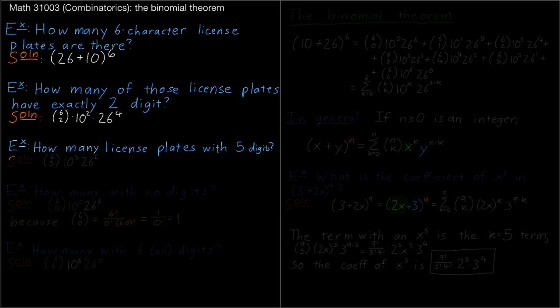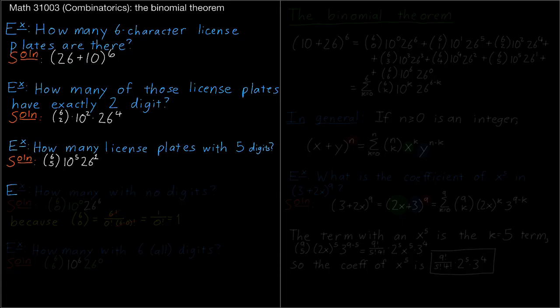And the solution to that one is first you pick which of your 5 characters are going to be digits, and then you have 10 to the 5th options for your 5 digits and 26 options for your 1 letter. And I'm going to label that 26 to the 1st.